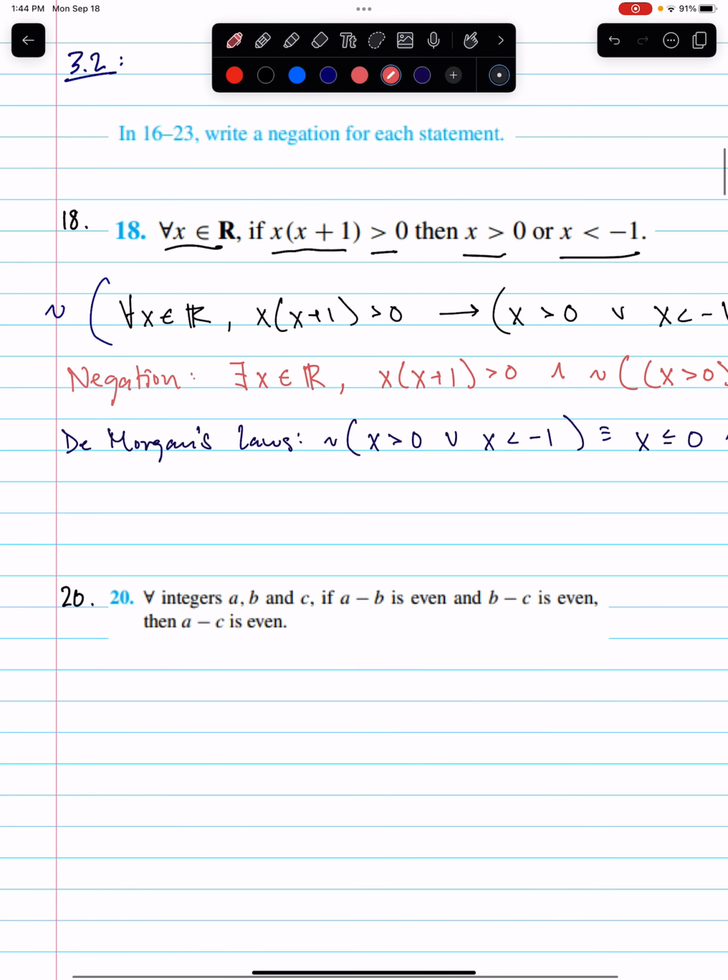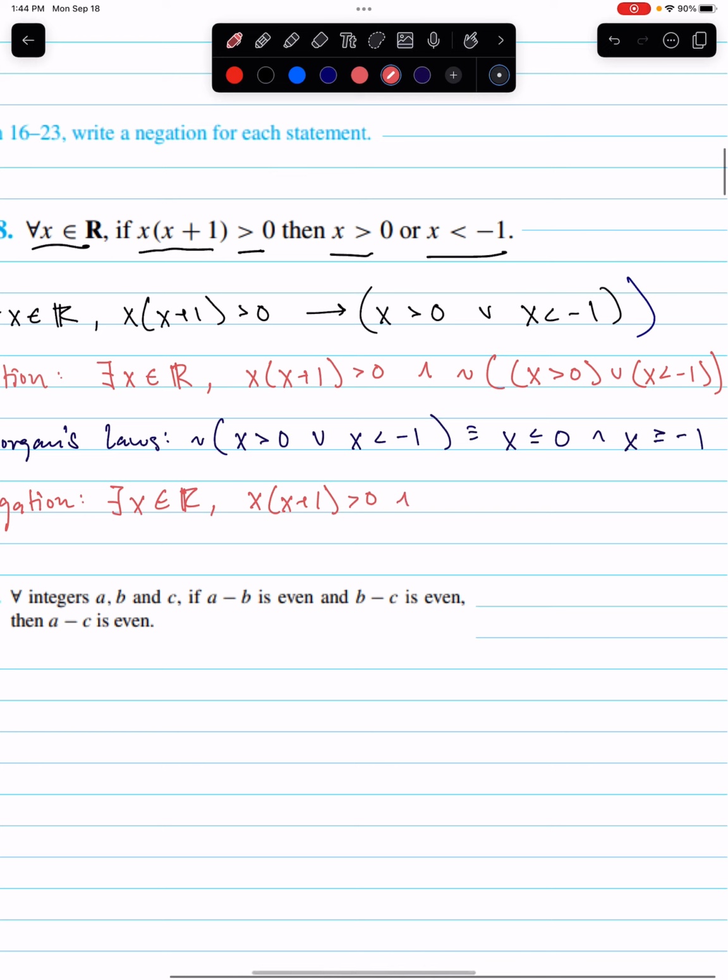So the full negation becomes: there exists some x in the set R where x times (x plus 1) is greater than 0 and x is less than or equal to 0 and x is greater than or equal to negative 1.